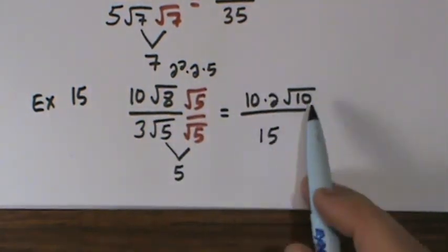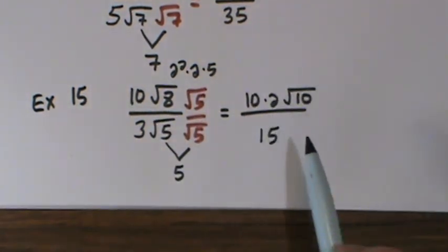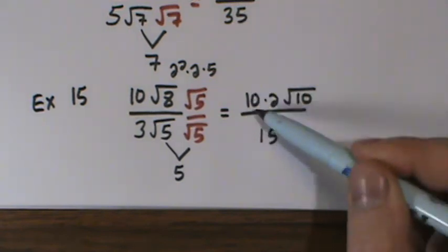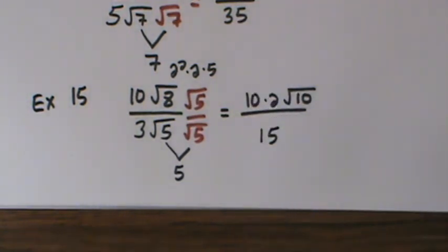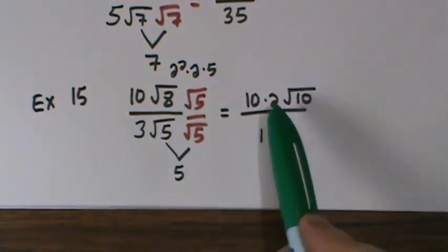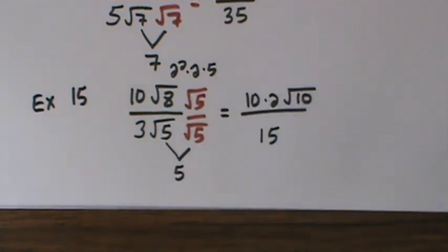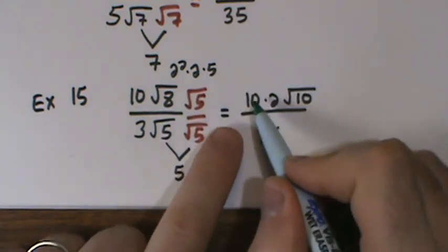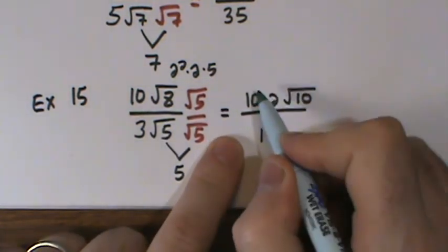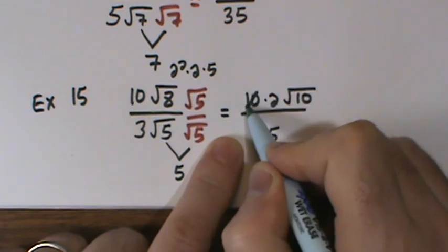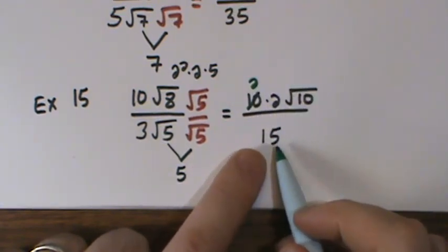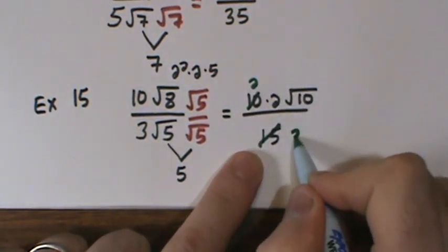As I'm looking at what I have here, before I multiply this, I do recognize that I could reduce this right here. And you're allowed to cancel. Canceling should always be done through multiplication. When you have multiplication present all the way through, oh yes, you should cancel. So this 10, I could divide it by 5. 10 divided by 5 is 2. This 15 I could divide by 5, which gives me 3.